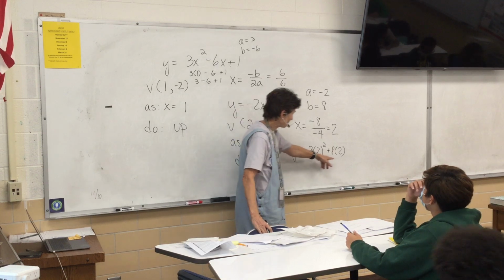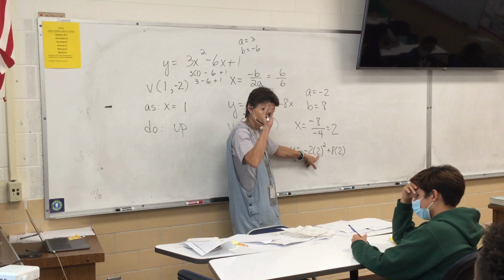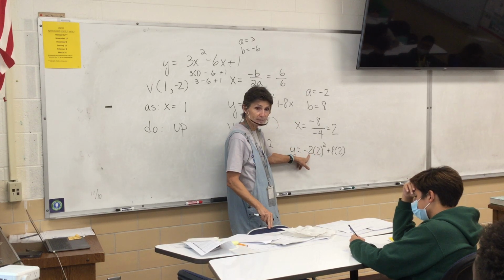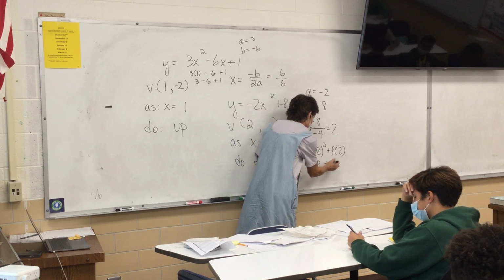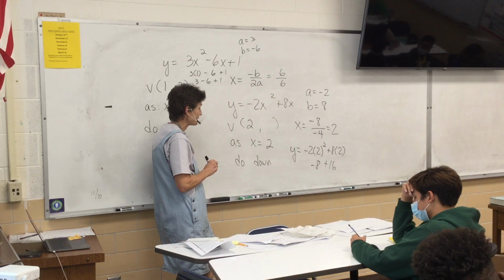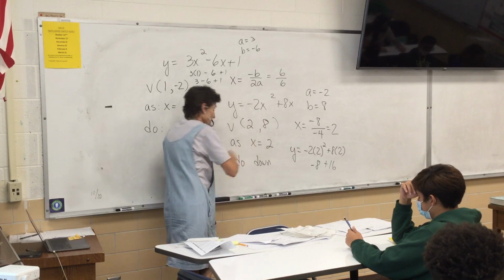If I want to simplify this, I do 2 squared, which is 4, times negative 2, which is negative 8. So negative 8 plus 16 would be 8. And there it is, we're done.